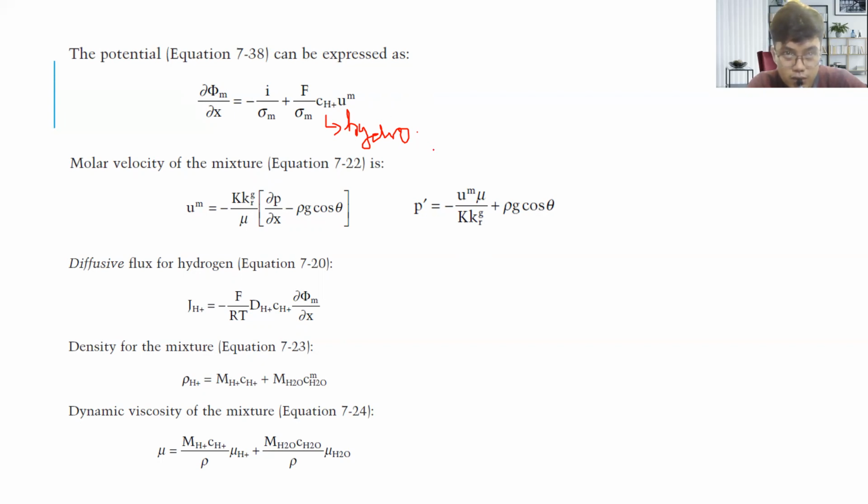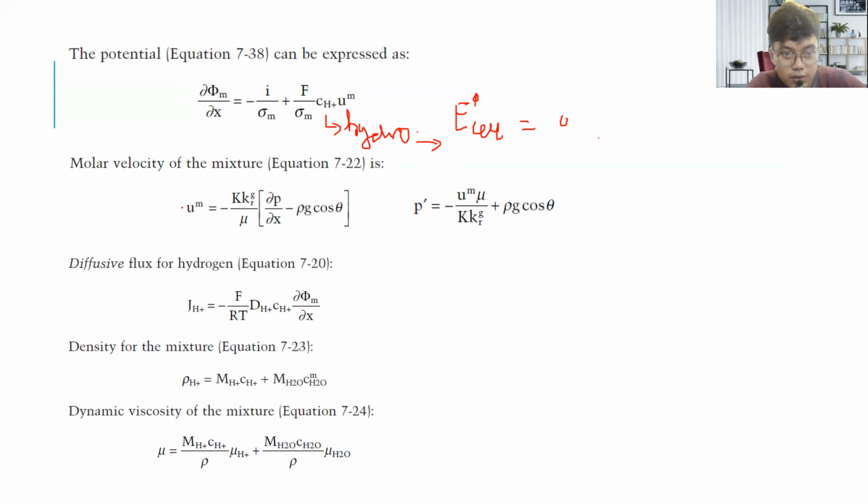As we know from the table of standard cell potential, the value is based on the hydrogen. The hydrogen with the standard potential is equal to 0. Okay, the next one is for molar velocity. Okay, molar velocity.